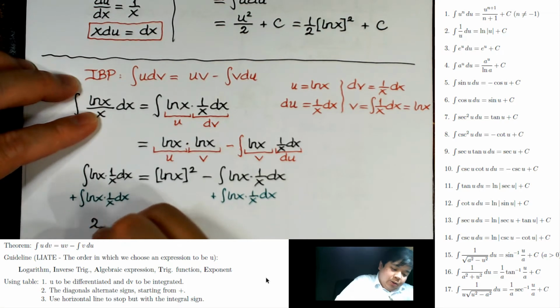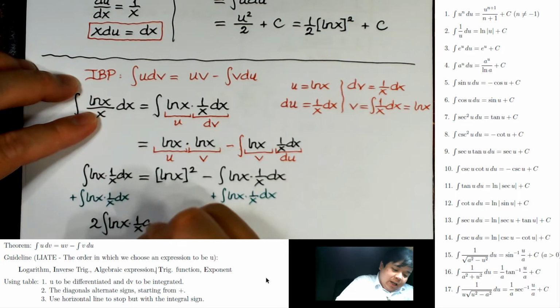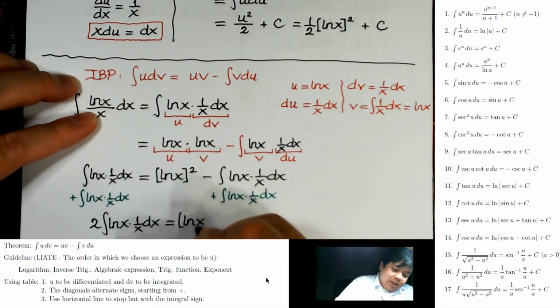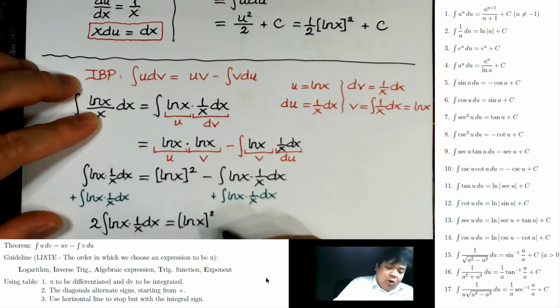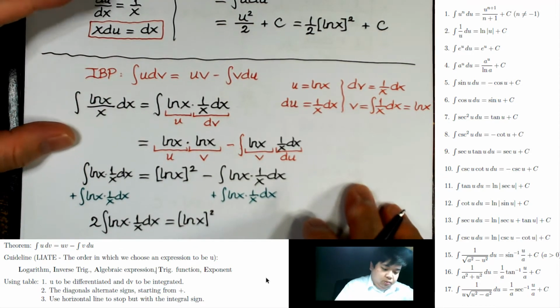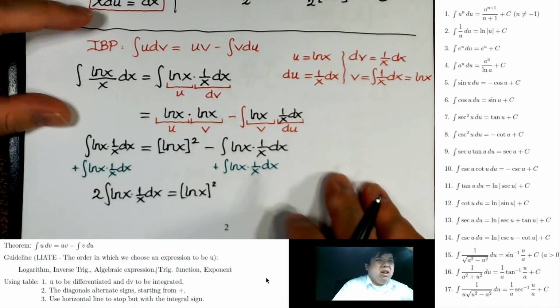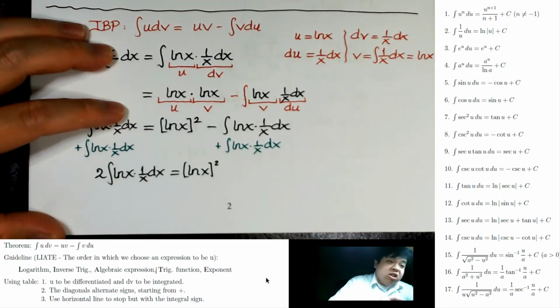So we have 2 times the integral of ln of x 1 over x dx equal to ln of x squared. Of course, we can add the constant c somewhere, or just keep the constant c at the end, and then we just divide by 2.